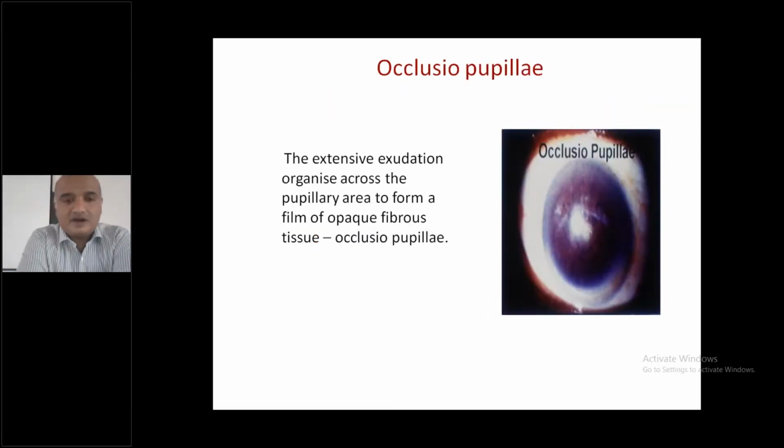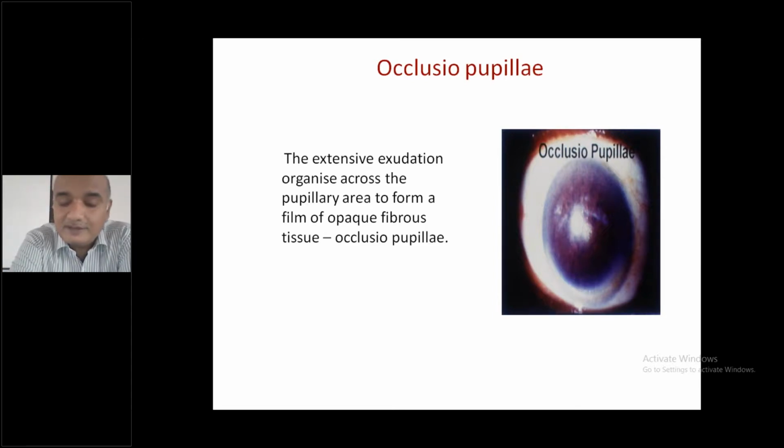Occlusio pupillae. Occlusio pupillae is nothing but the pupillary zone is also filled with fibrin matter. The extensive exudation organizes across the pupillary area to form a film of opaque fibrinous tissue called occlusio pupillae. It is nothing but occluding an opening. The pupillary opening is completely occluded.